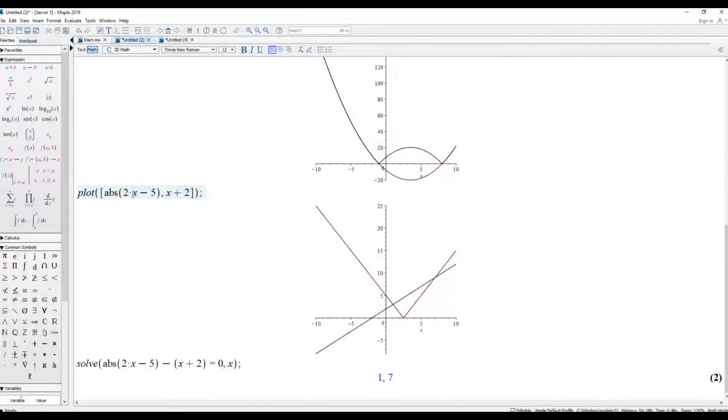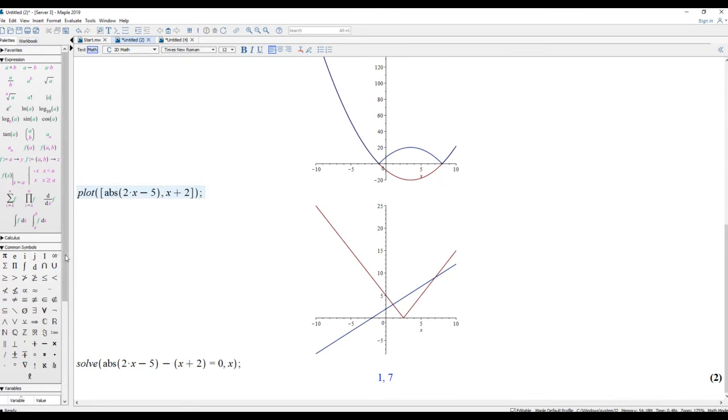So you can see here, what I've done is, instead of using the solve command, I've used the plot command. This is just the code for the absolute value of 2 times x minus 5. And here I've got some square brackets, what's called a list, and I've got two functions that I want to plot on the same set of axes. They're separated by a comma.